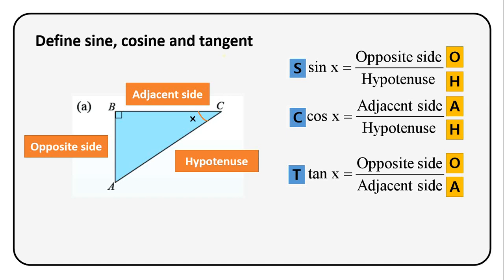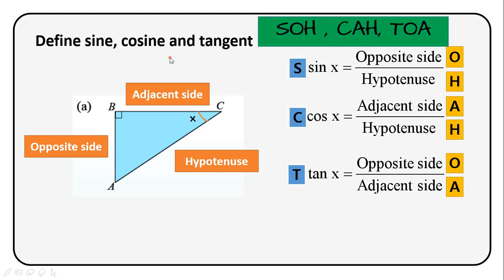So, to remember this, we can use SOH CAH TOA. S for sine. Sine equals opposite over hypotenuse. C for cos equals adjacent over hypotenuse.